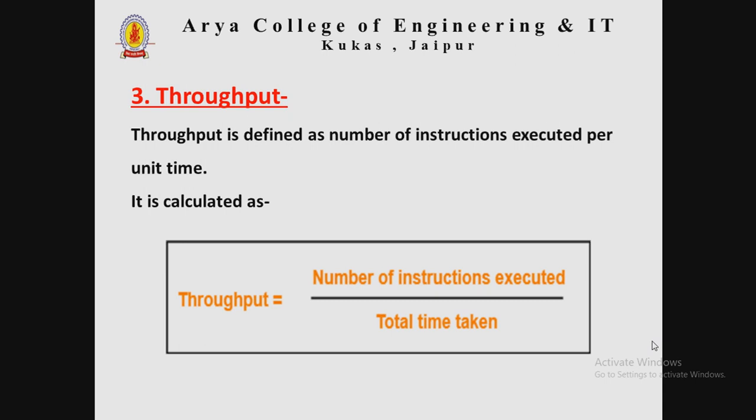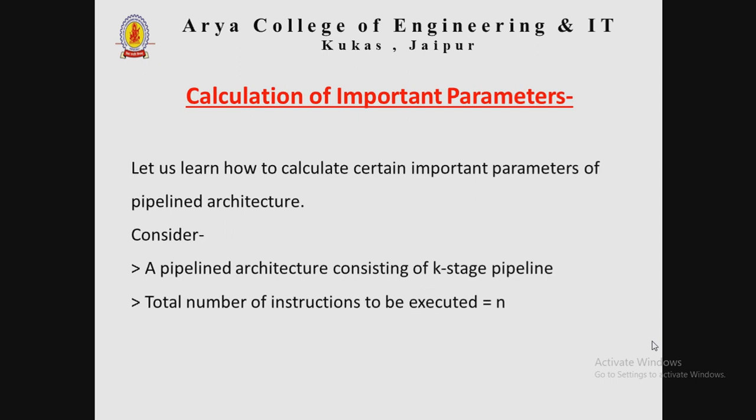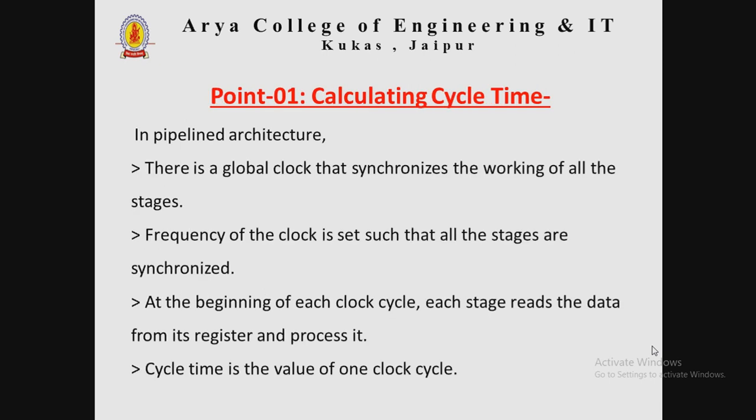So what is the calculation of the important parameters? We can learn that if we consider a pipeline architecture consisting of a k stage pipeline and the total number of instructions to be executed is n, then how are we going to calculate? If we divide that into steps, point 1 is calculating the cycle time.